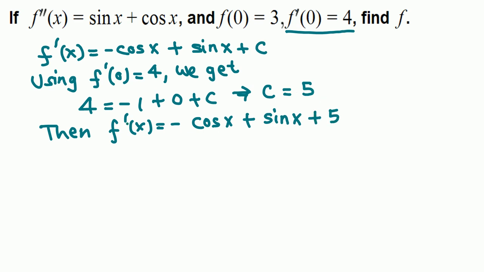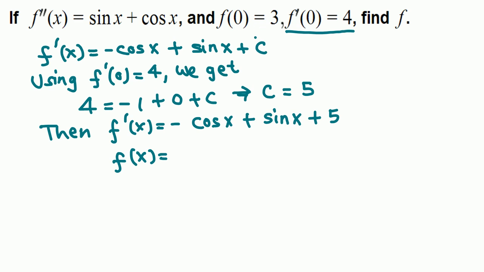Okay, that's f prime, the first derivative. But the question is to find the function, so we need to repeat the procedure. We need to find the antiderivative, then we get f of x, we'll have an arbitrary constant, and use the other initial condition to determine that constant.